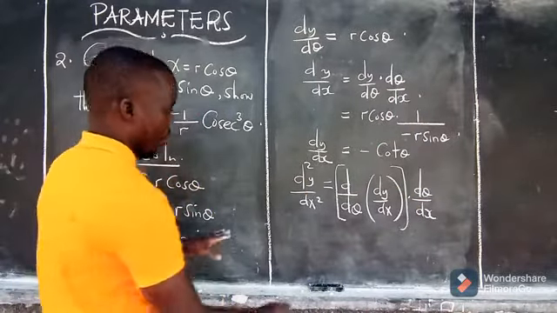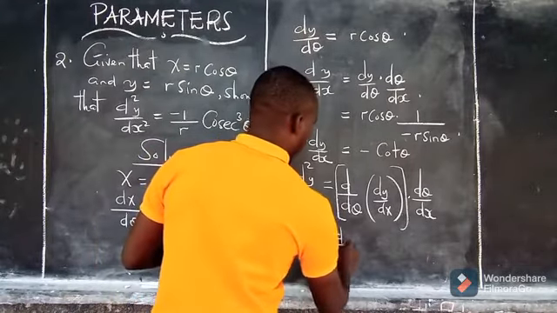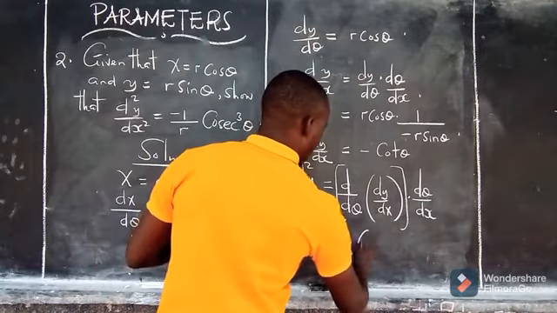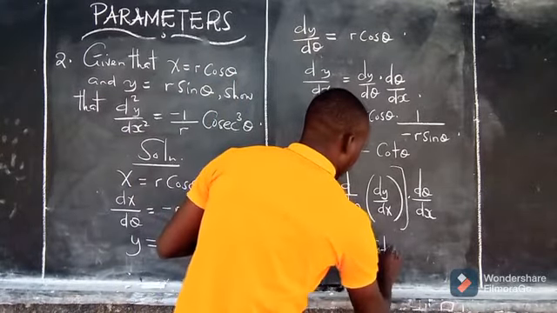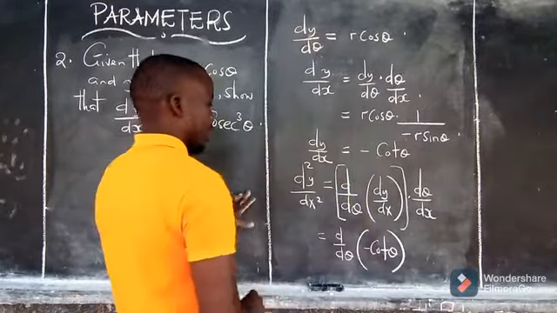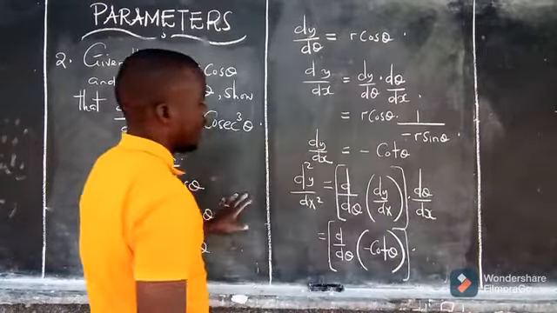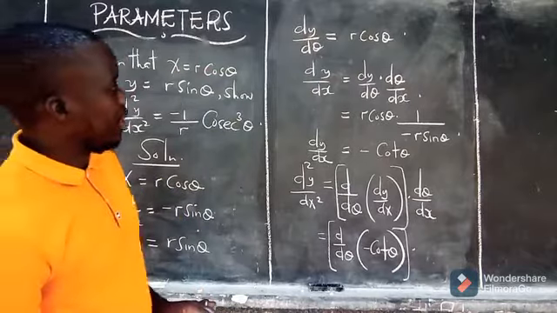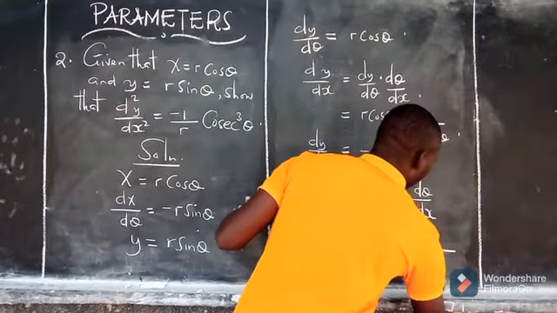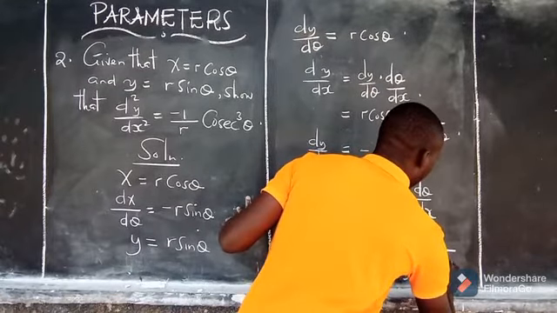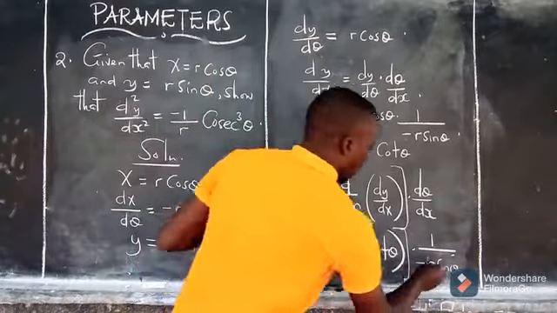What does it mean? It means we are going to have the derivative with respect to theta of dy dx, which is minus cot theta. And after getting it, we multiply by d theta dx. Remember, d theta dx is 1 again out of negative r sine theta.